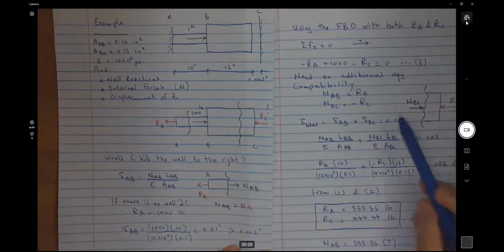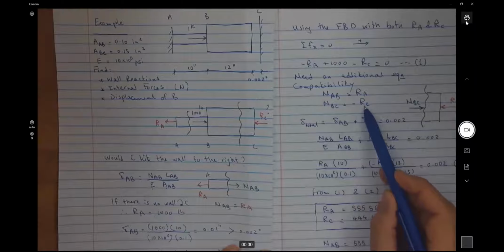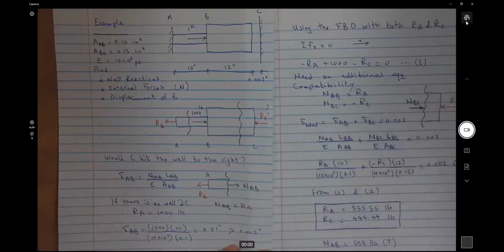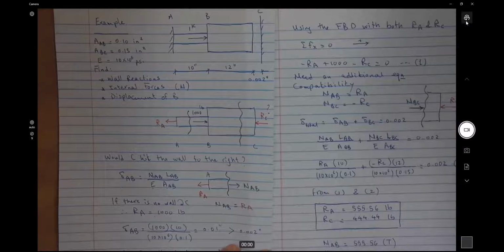If I know RC, I can find NBC. So NBC is equal to RC, negative 444.44. And yes, we have a negative sign here because that means it is in compression. So here are the internal forces.